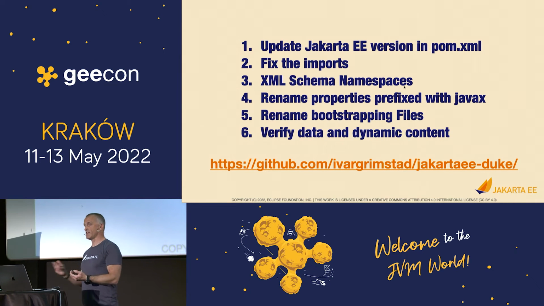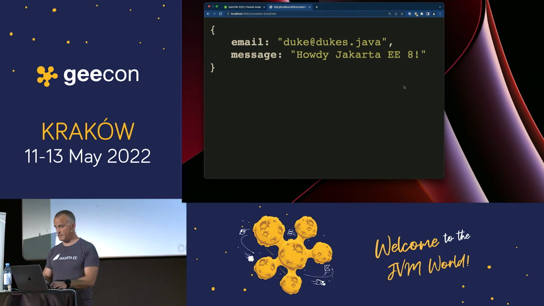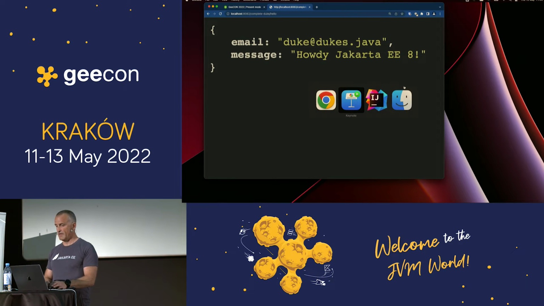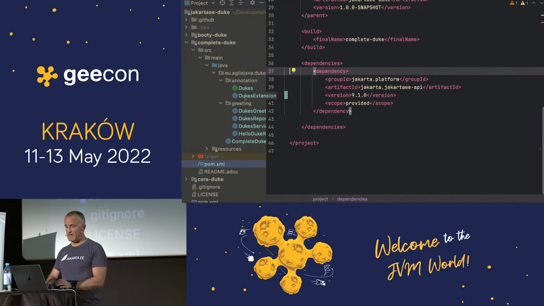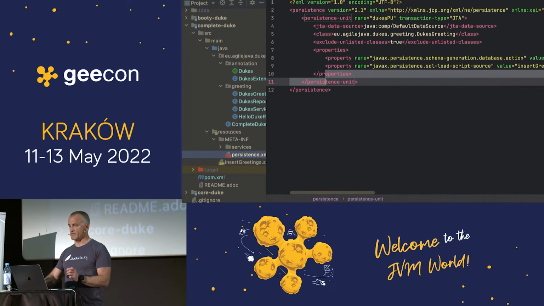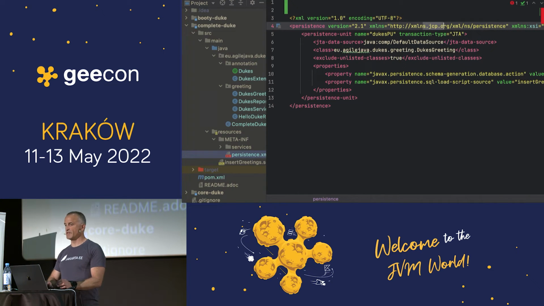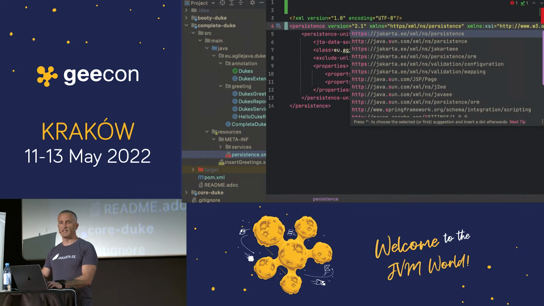The next thing is the schemas, or the XML namespaces. So let's look at what we have here. In my application, I have one XML file, and that is my persistence.xml. And my persistence.xml, as you can see here, is using the jcp.org namespace. And we've changed this to jakarta.ee, and we also introduced HTTPS.